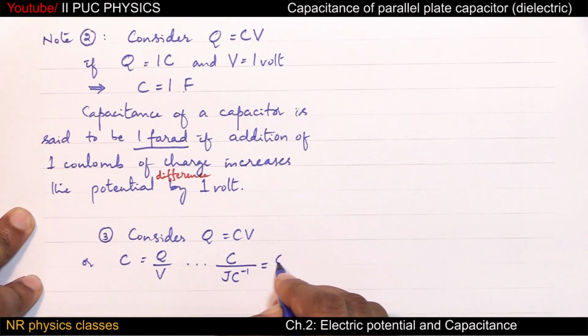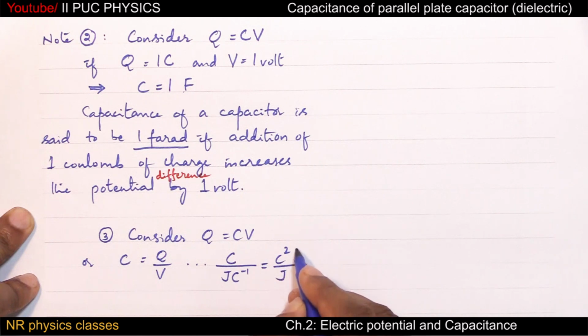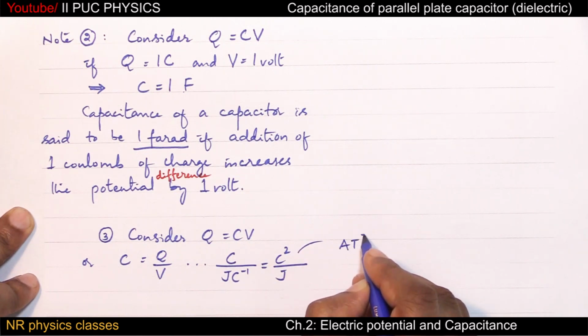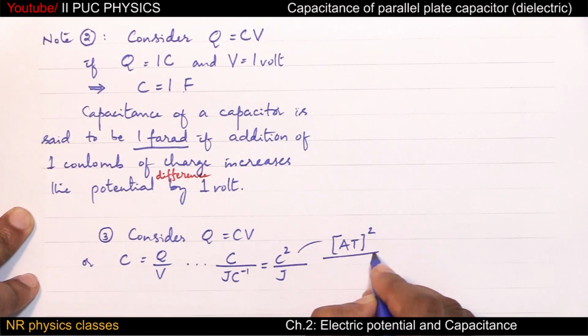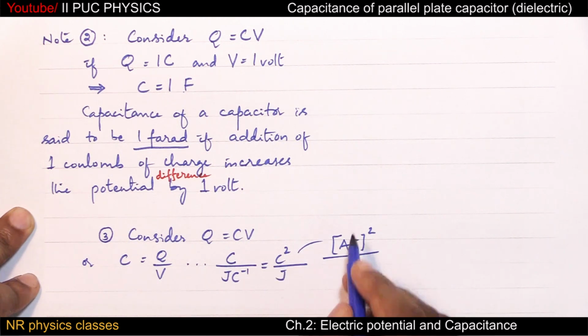So this becomes coulomb square by joule. So let us write the dimensional formula. For coulomb square, AT, its square, because coulomb is not a fundamental physical quantity. Express coulomb in terms of current, ampere, and time.